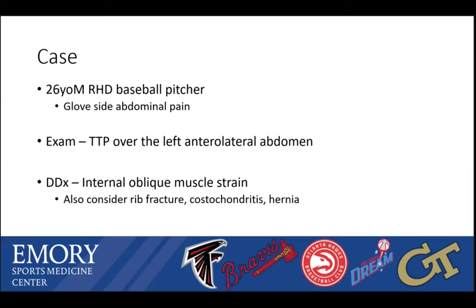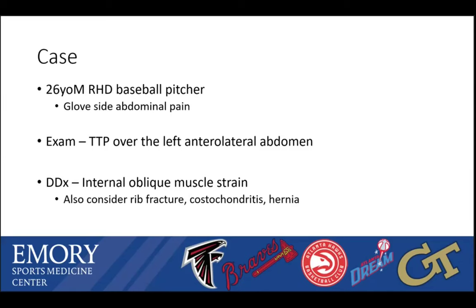This is a pretty commonly encountered injury in athletes that have explosive rotational forces like baseball pitchers, javelin throwers, swimmers, golfers, rowers, anything that's really high power through the trunk flexors and rotators. In patients with abdominal strains, they often can present with sudden pain and point tenderness at the region of the lower costal margin.